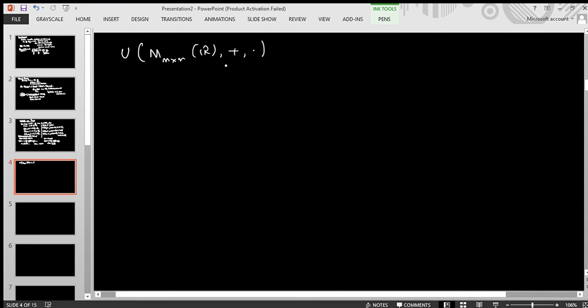This is the general linear group GL(n, R). What was this set? You remember? The general linear group with entries from R.